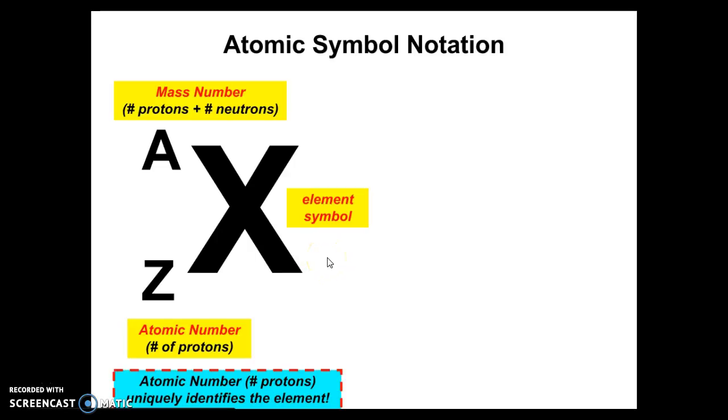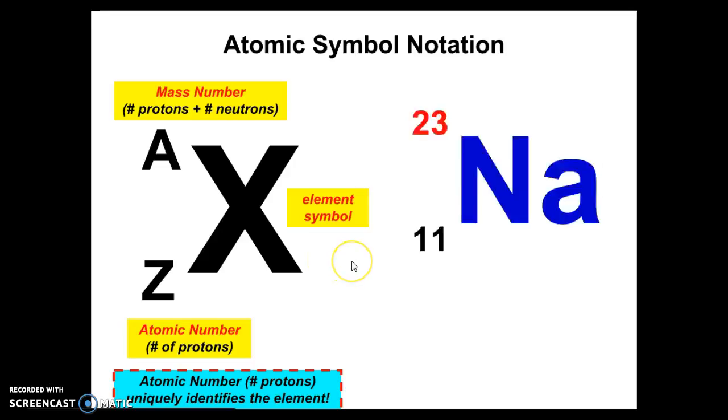Now remember, the atomic number, the number of protons, uniquely identifies an element. So we might look at this example over here. Na is sodium. Yes, it's a weird symbol for something that starts with an S, but Na is sodium. What do we know about it? Well, it has 11 protons because its atomic number is 11.